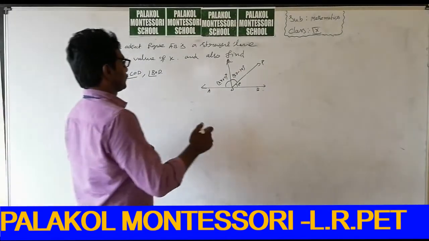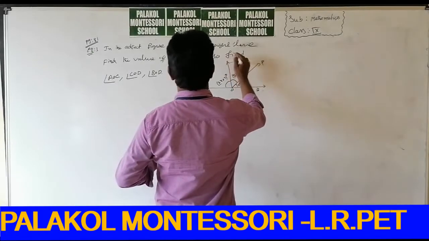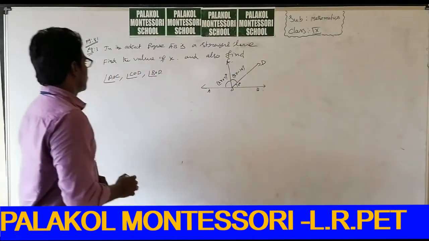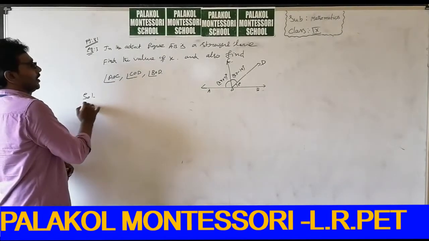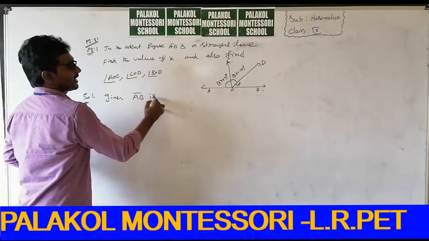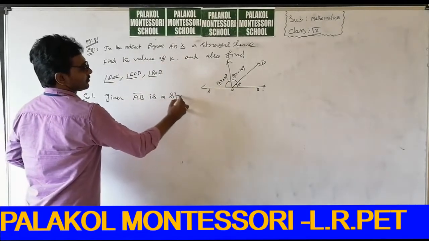Angle AOC, angle COD. Okay, these points are the solution. Given AB is a straight line.